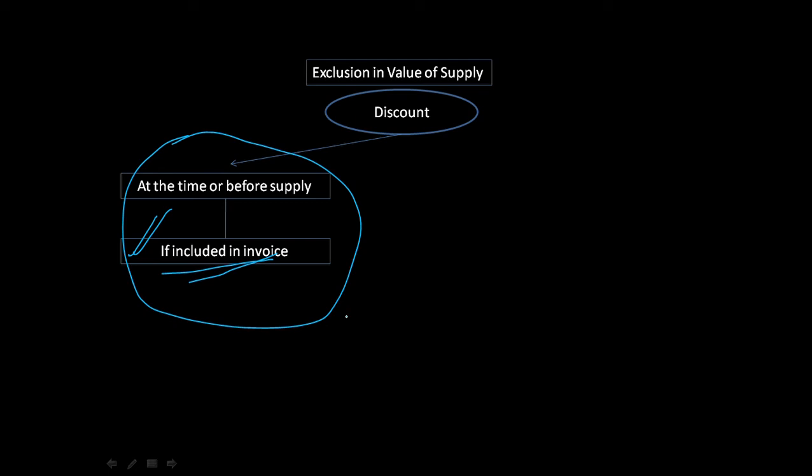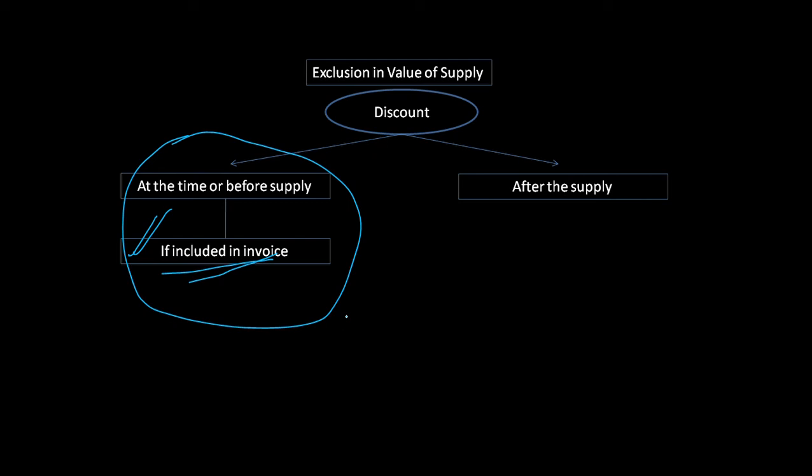What is the other part of discount? Discount that is declared after the supply. When does that happen? Just for example, it can happen that you may end up purchasing a huge amount, and then it's written that okay, if you end up purchasing more, then according to the lot you will be given some extra discount.